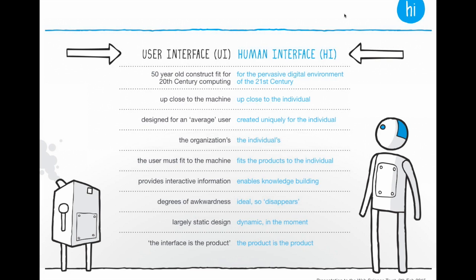And we're excited about the potential of the human interface to enable knowledge building for self-learning, if you like. And perhaps the last row is also important, particularly for when you speak to people in UI and UX, because the maxim, the interface is the product, has wide currency. And the answer to that, of course, is no, it's not. The product is the product. And we'll see maybe how that's established as we go through the stack.